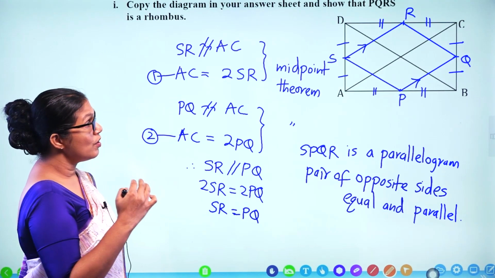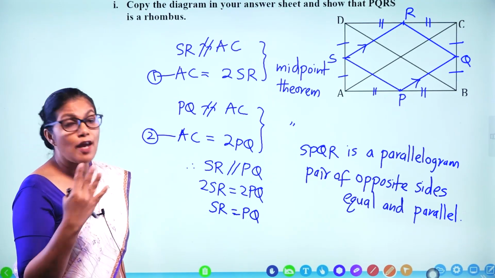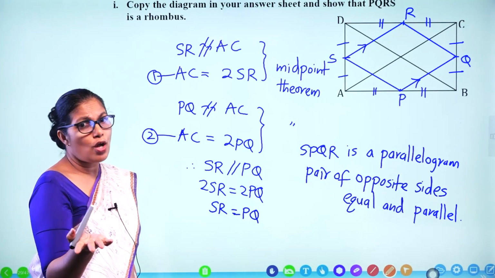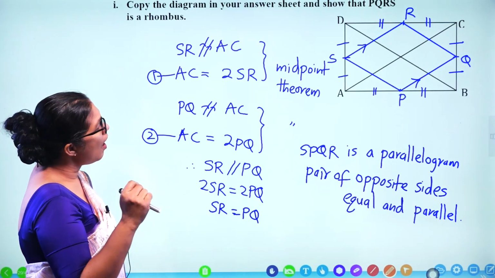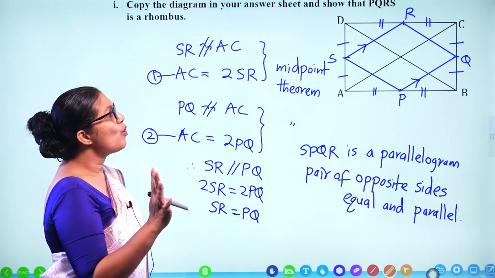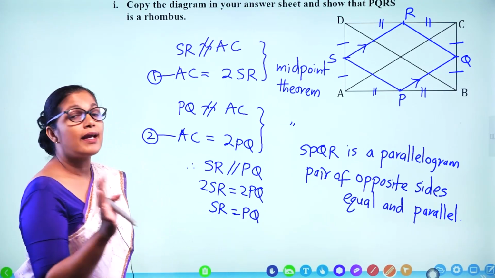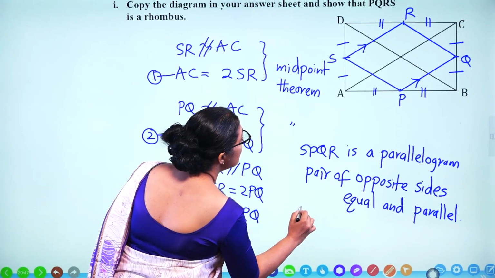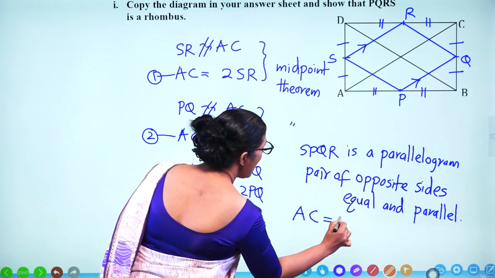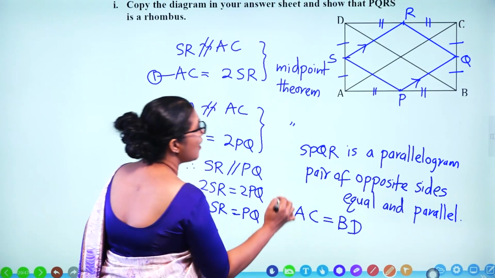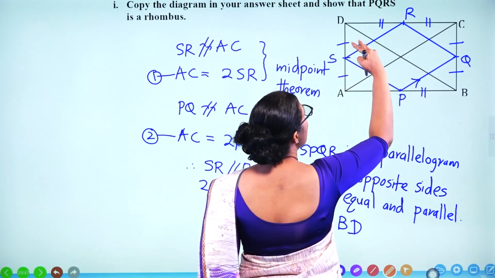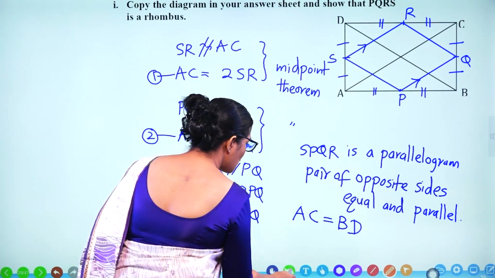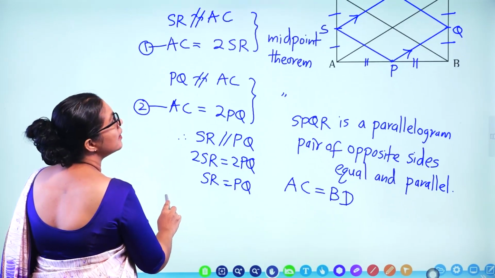Now we have to show that SP is equal to PQ. The adjacent lengths are equal because in a rhombus all sides are equal. How can we do that now? We know in a rectangle diagonals are equal. So in the rectangle AC is the same as BD. So we can write the same thing for the other side.